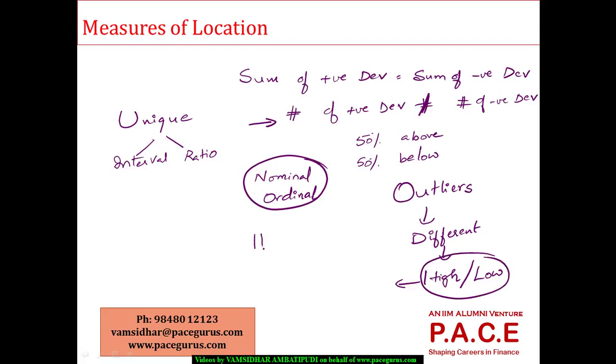If a couple of values are very high compared to the rest of them, the mean gets highly attracted towards this high value. If a couple of values are extremely low compared to the other values, the mean tends to come very much lower, closer towards this side.